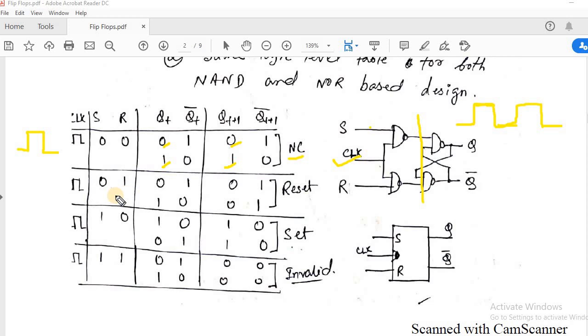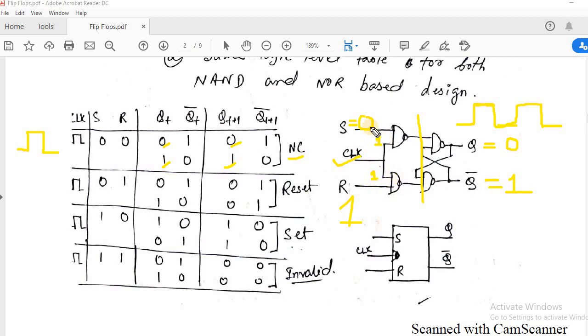Now in the second condition, when I make S equal to 0 and R is 1, and if I consider that the present state is 0, obviously Q bar will be 1. Then how to analyze this circuit? Suppose S equal to 0 and R is equal to 1, the clock is high. If the clock is high, this input is receiving 1, this input also receives 1.